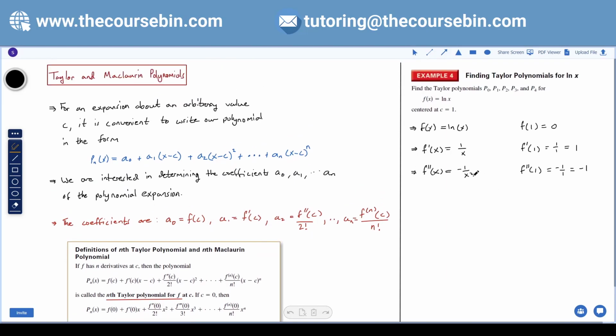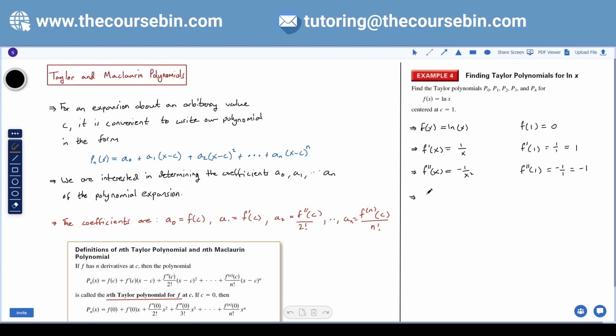Okay, so our third derivative, right, we can get that by writing this as negative x to the negative 2, right? So we just have to take the derivative of negative x to the power of negative 2.